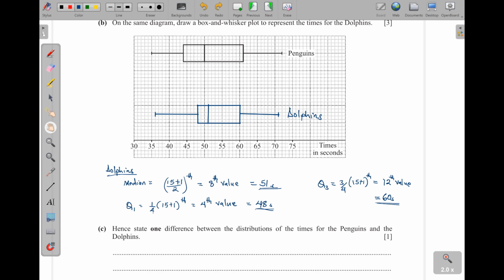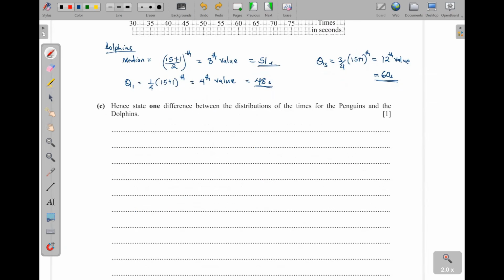And then they are saying, hence, for part C, state one difference between the distributions of the times for penguins and the dolphins. When we are comparing the distributions, we use the median and the interquartile range. So let's check the interquartile range for penguins. Okay, you get the upper quartile minus the lower quartile.